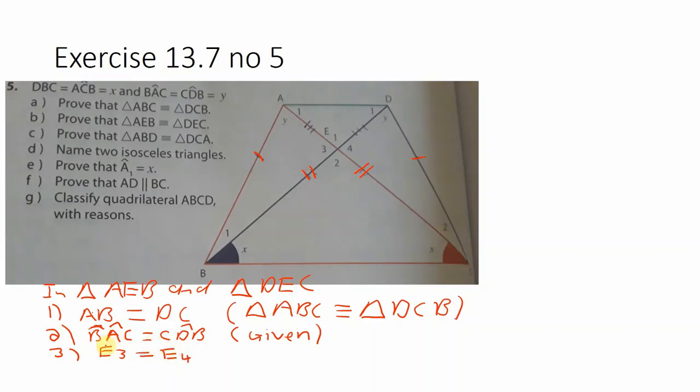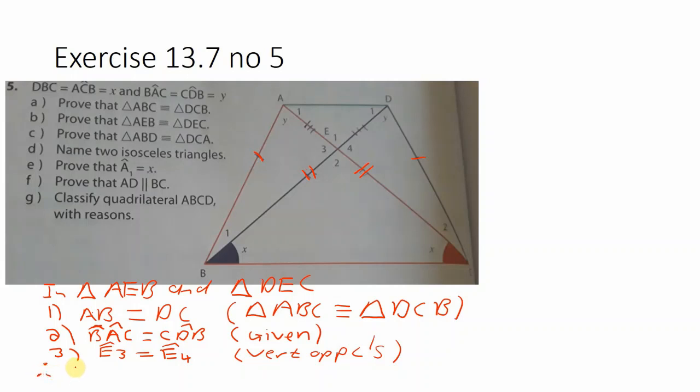So it's angle E3 equals angle E4. That's from vertical opposite angles. So now we can have our conclusion.